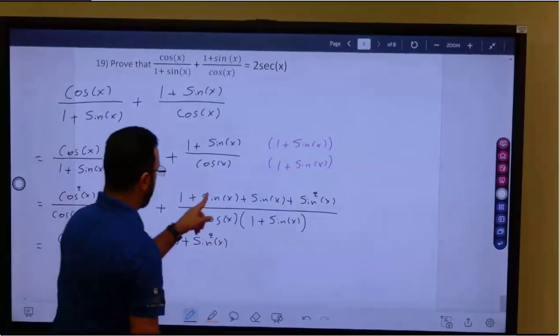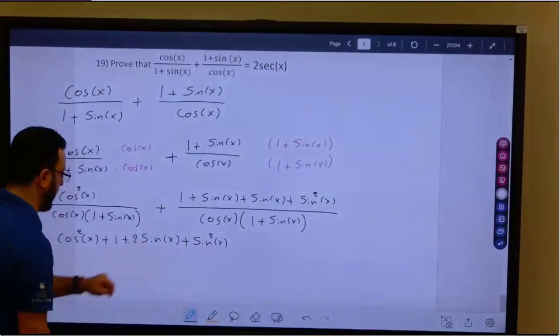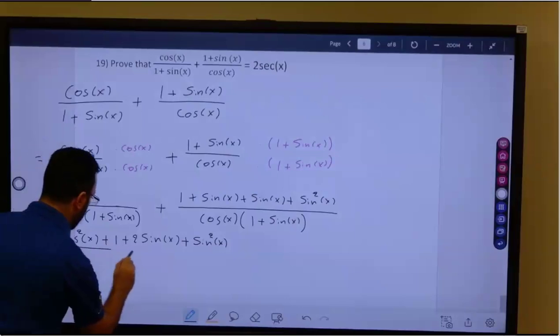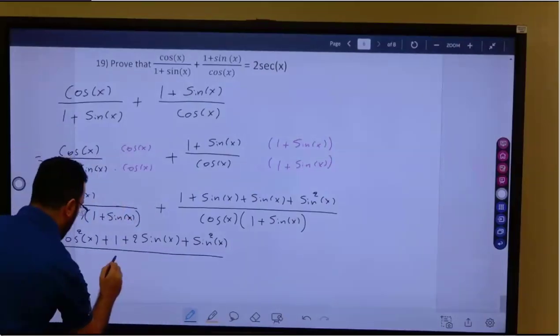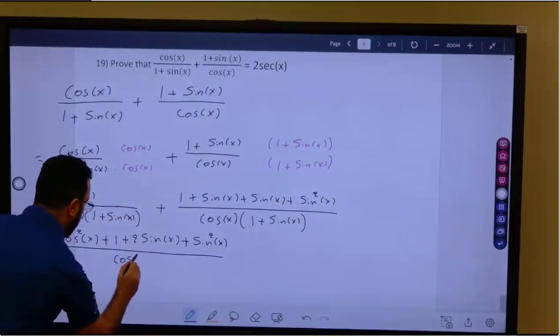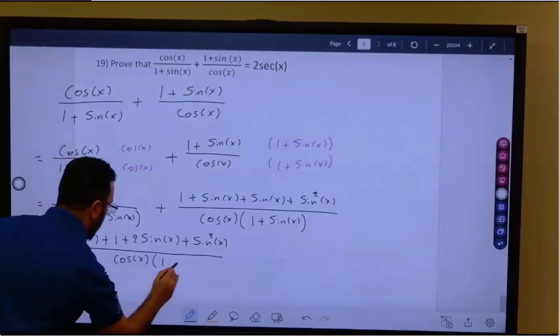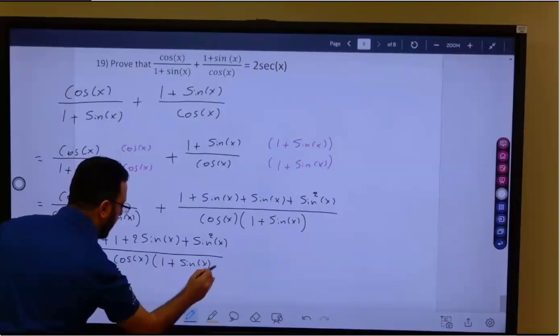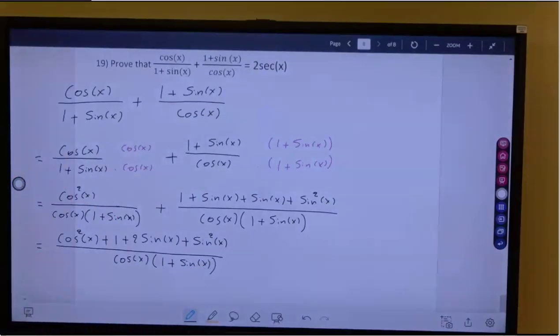I combine sine and plus sine, so it will be 2 sine. Everything is divided by cosine x, 1 plus sine x. Next step. How are we going to simplify this?